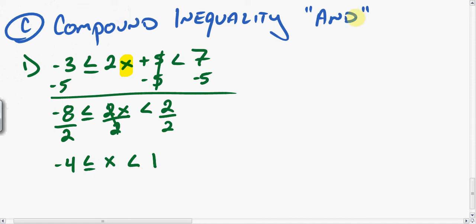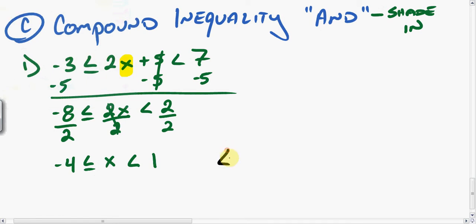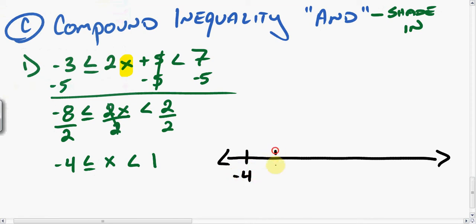Alright, and remember, AND is to shade in. You always shade in when you have an AND inequality. So that's going to be helpful when we graph. I want to start at -4, and I'm going to end at 1. So I've got -4, -3, -2, -1, 0, 1.